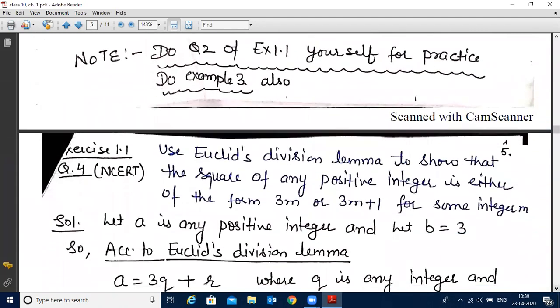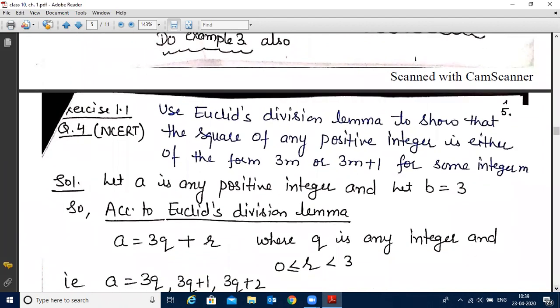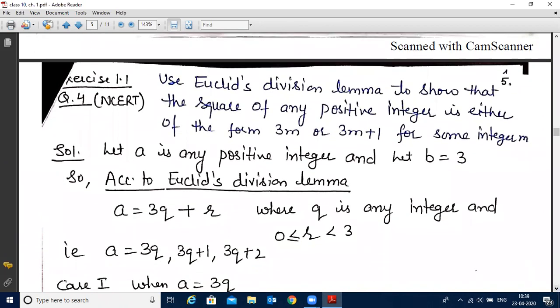Now see another question of exercise 1.1, question number 4 it is, from NCERT book. Use Euclid division lemma to show that the square of any positive integer is either of the form 3m or 3m plus 1 for some integer m.